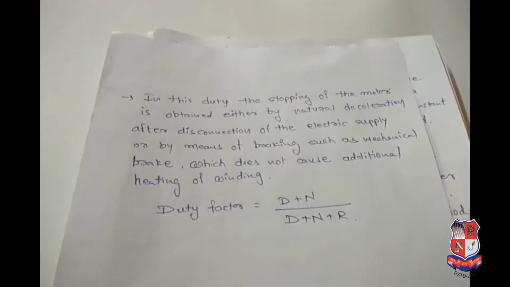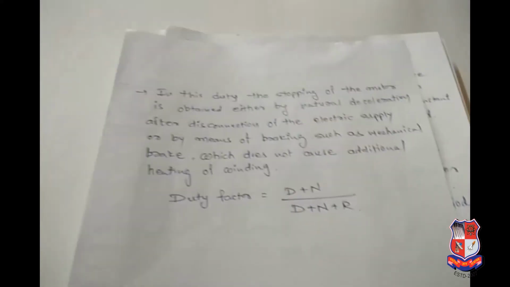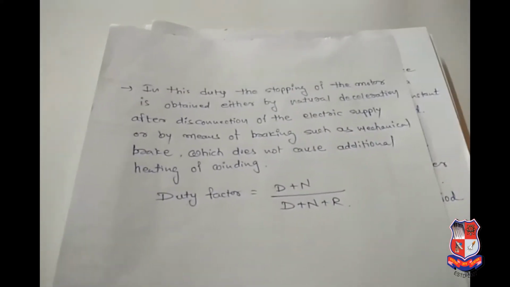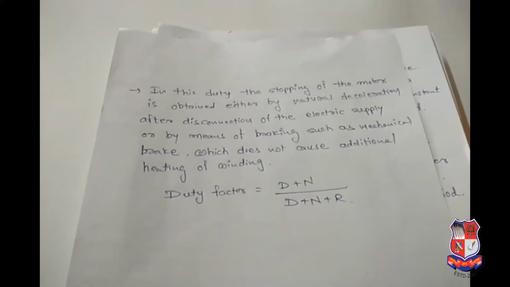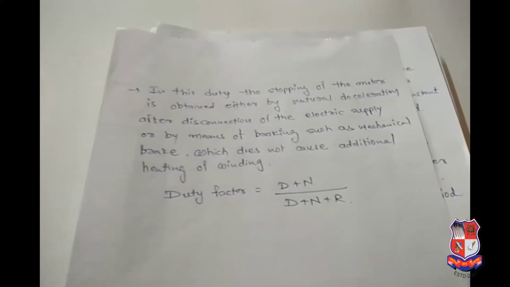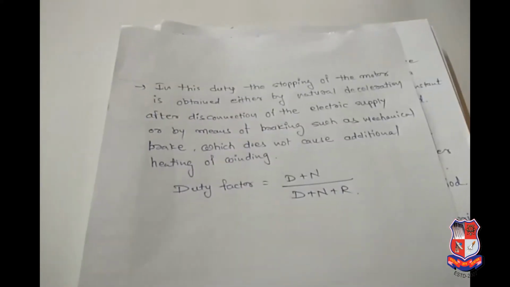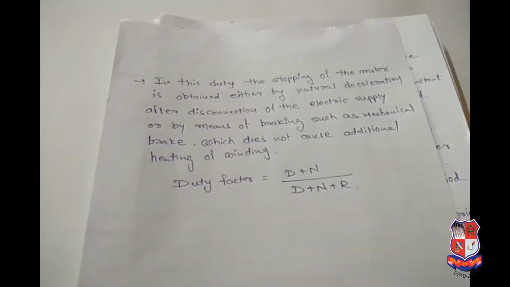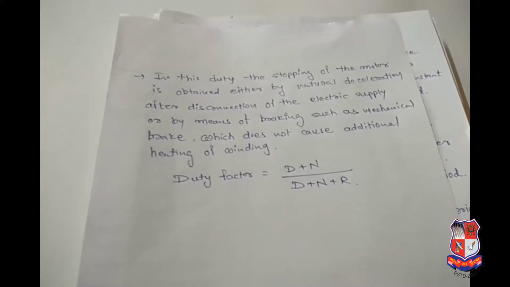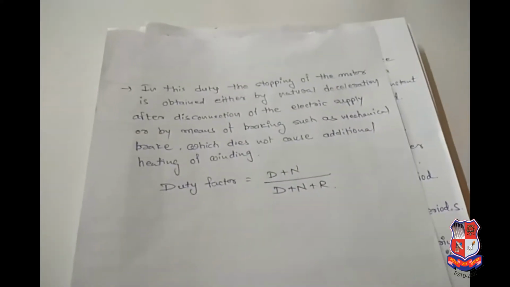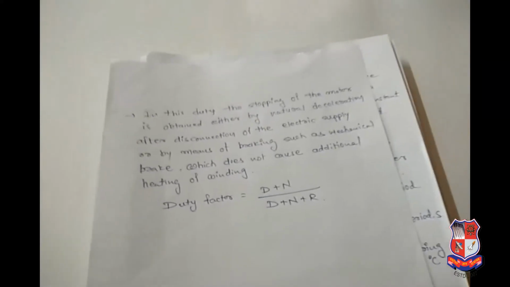So we can switch off the motor, or it is possible with mechanical braking. We are all familiar with mechanical braking as well as electrical supply and other forms of motor stopping. In this braking, we cannot add additional heating of the winding, which is not allowed. So only D plus N divided by D plus N plus R is known as the duty factor.